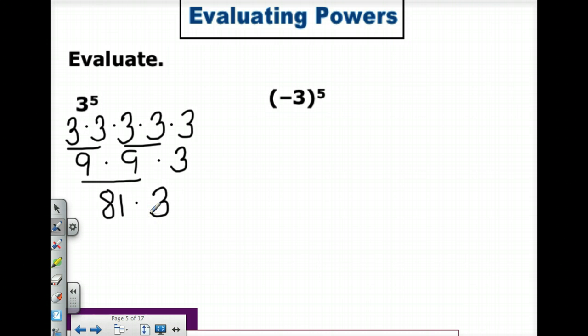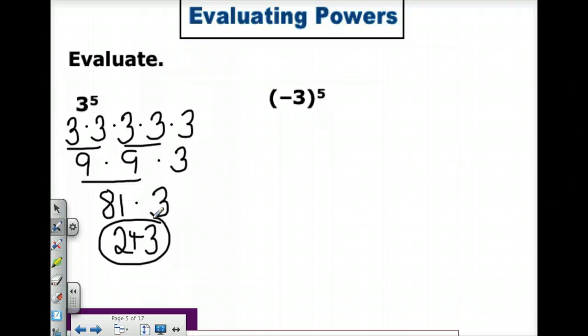And if you need to get your calculator out, go ahead. 81 times 3, 243. I want you to solve these using order of operations. Our calculators will not keep track of everything as you multiply. So I would much rather you use order of operations, have an upside down triangle when we're all finished.